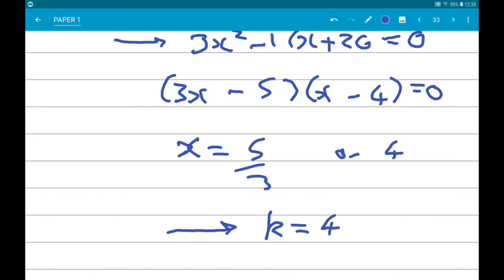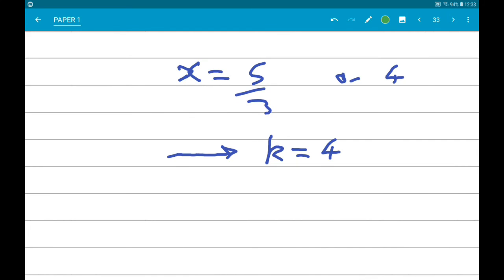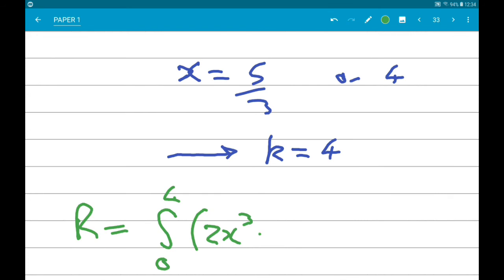So now we know that R is the integral between 0 and 4 of 2x cubed minus 17x squared plus 40x.